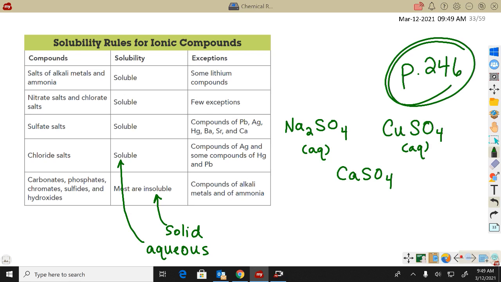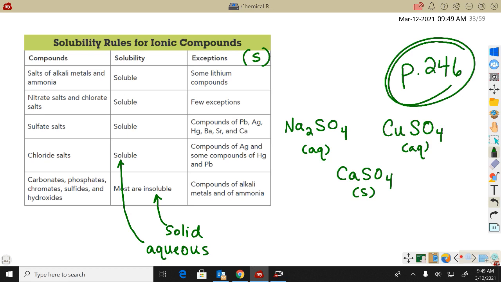So calcium sulfate is a solid. It would be insoluble. All of these exceptions mean they're going to be solids. And here, when we see the word soluble, that means aqueous.